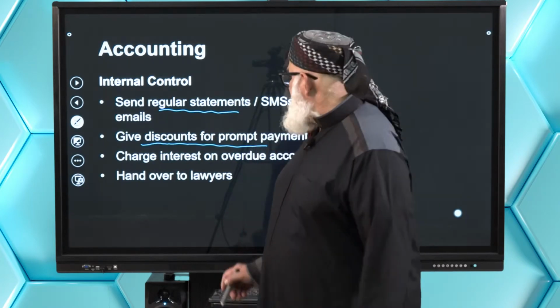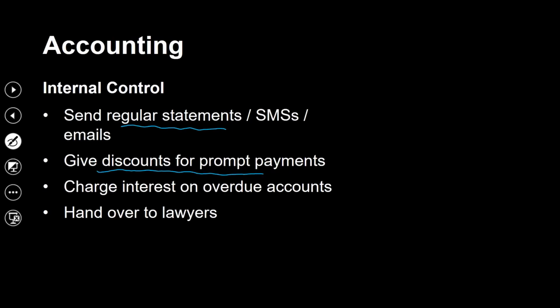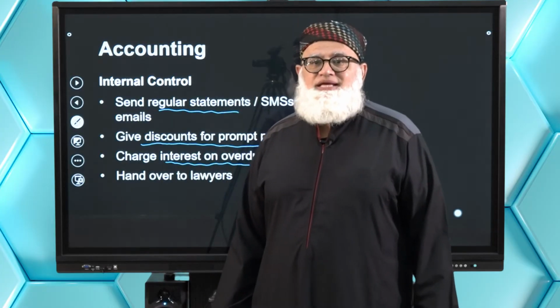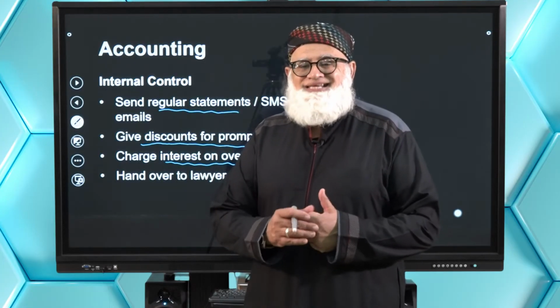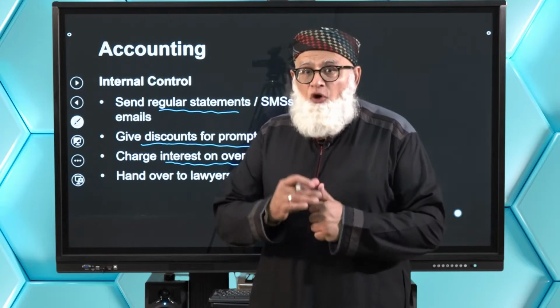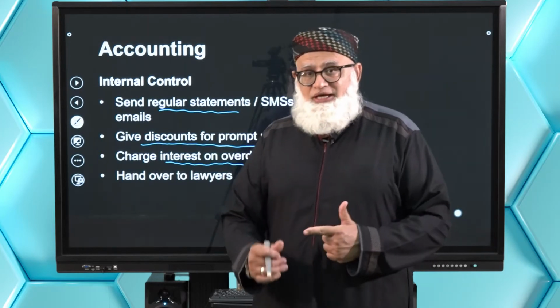And obviously, if that doesn't work, then we have to resort to the stick method, and we don't physically beat up our debtors, but what do we do? We actually charge interest on overdue accounts. In this way, you can clearly see that you're keeping your debtors updated. You're informing them. For prompt settlement, you're getting a discount.